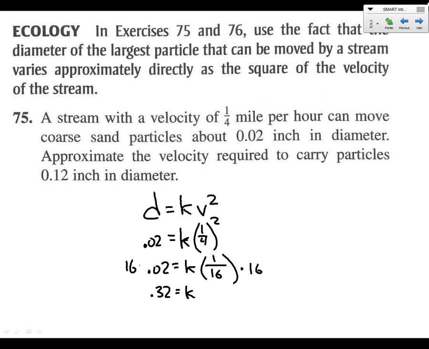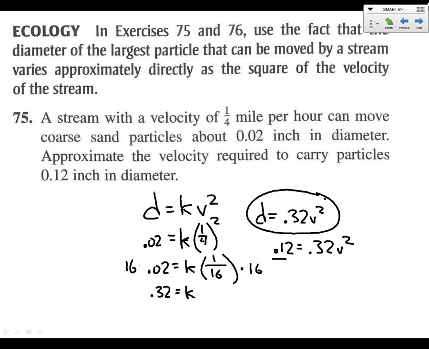And so we can rewrite this as d equals 0.32 v squared. Our last step is to find the velocity for a particle that's 0.12 inches in diameter. So let's plug in 0.12 equals 0.32 v squared. We'll isolate v.